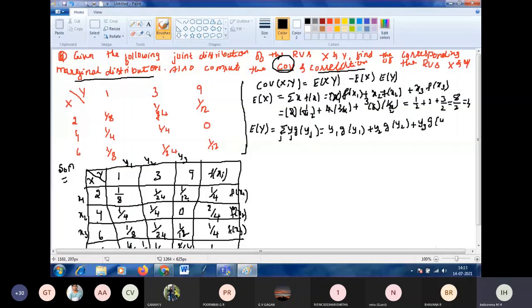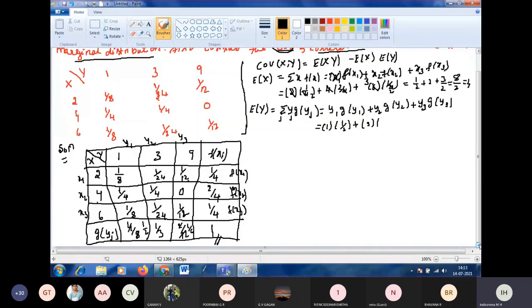Now substitute. y1 is 1, g of y1 is 1 by 2, plus y2 is 3, g of y2 is 1 by 3, plus y3 is 9, g of y3 is 1 by 6.